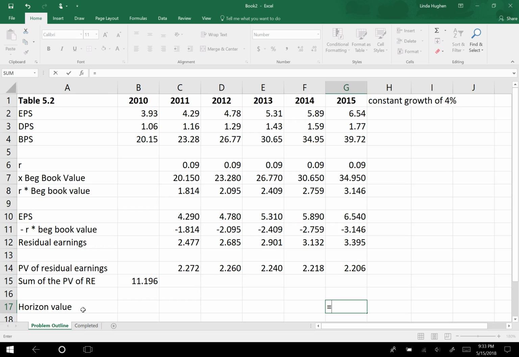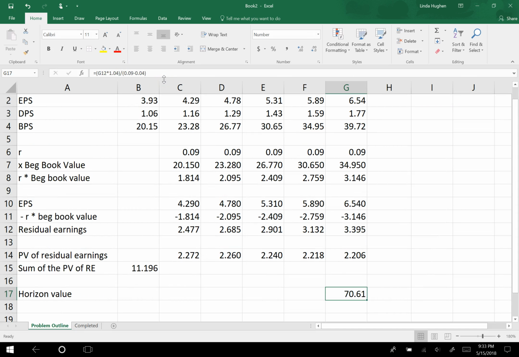So we want to take the residual earnings in 2015 and grow them by 1 year, because remember, our numerator is always the next cash flow, or in this case earnings, and then I want to divide that by R minus G. R in this case is 9% and G in this case is 4%. Clearly I could have just written a denominator of 5%. 7061 is the horizon value, but again, this is the horizon value at the end of 2015.